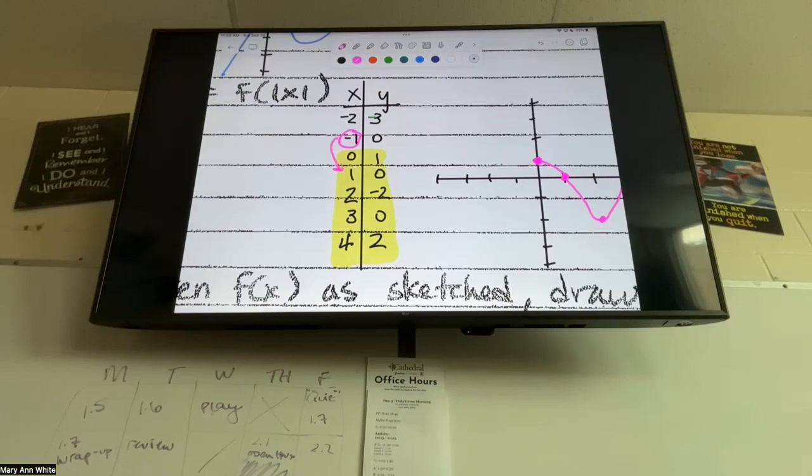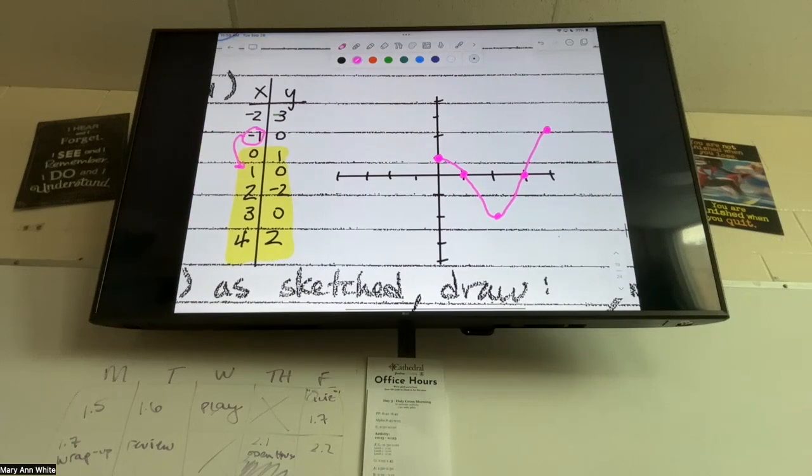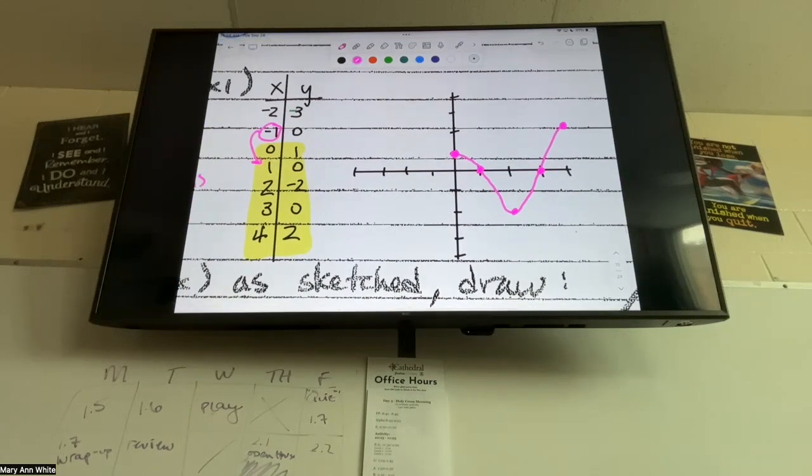So I want my y values for all of the negative x's to match the y values of all the positive x's. Okay, so essentially we're going to mirror over the y-axis. We're going to take all of the positive x's and we're going to mirror them over the y-axis. I'm going to take all of these points that I just drew and I'm going to mirror it over, okay?